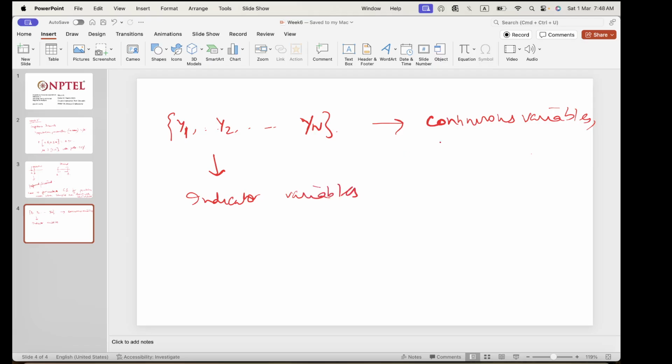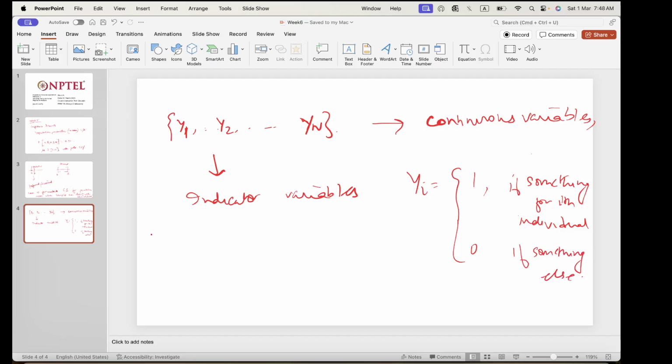Indicator variables would mean yi equal to 1 if something for the ith individual, or 0 if something else for that particular individual. So this week we are going to discuss what will happen when we have a sequence of 0s and 1s in the population.